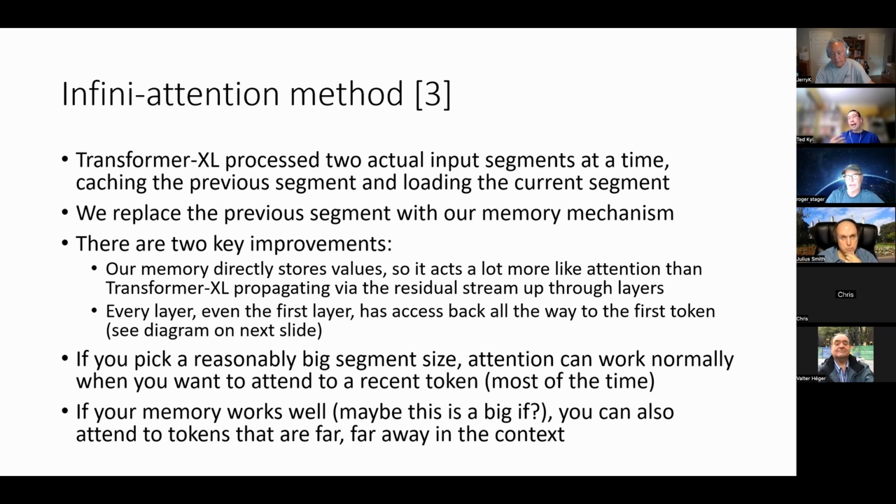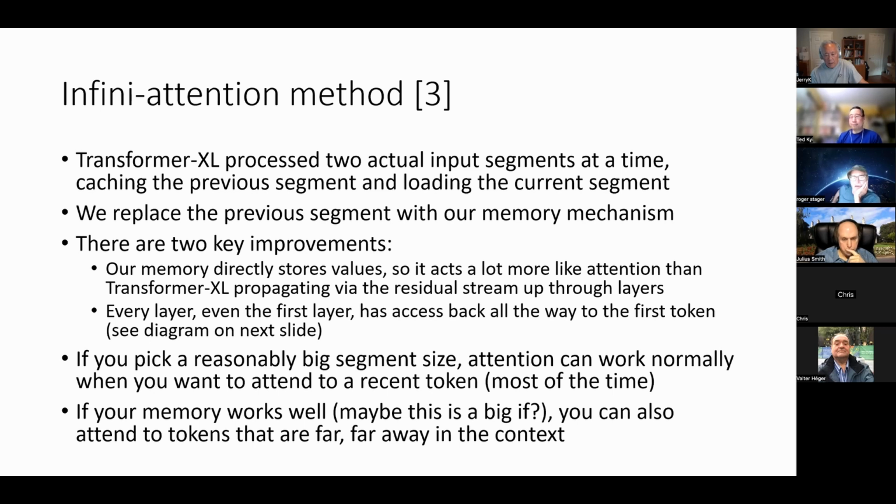Now, given the fact that in high dimensional spaces most things are nearly orthogonal, you probably could get away with, instead of having 16 separate memories for 16 heads, just have a memory that's 16 times bigger and make your life a little simpler. Right. But I don't know.